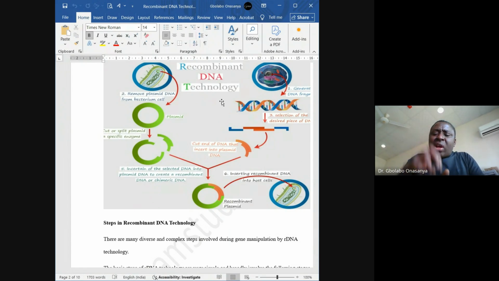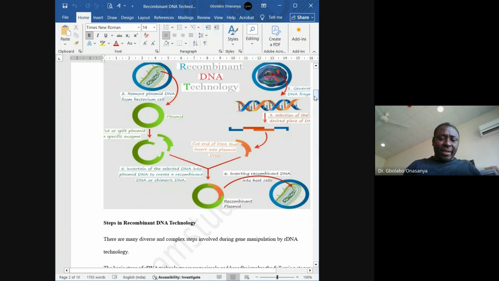Any technique used to generate a transgenic organism can be addressed as recombinant DNA technology. So the majority of our recombinant DNA technology involves generation of transgenic organisms.